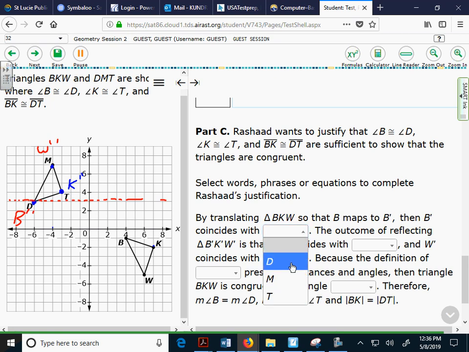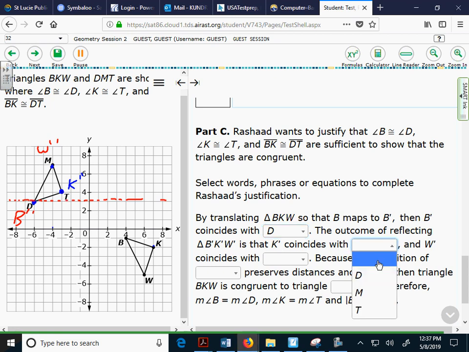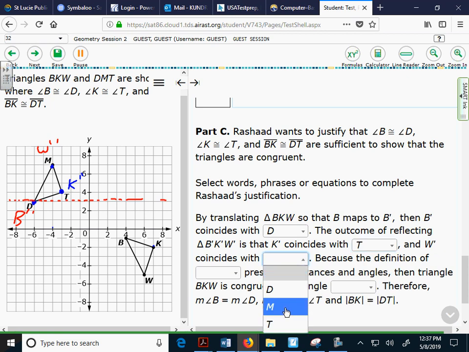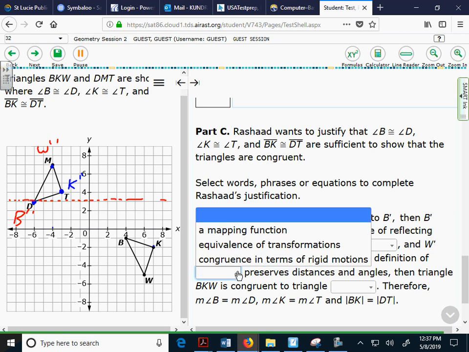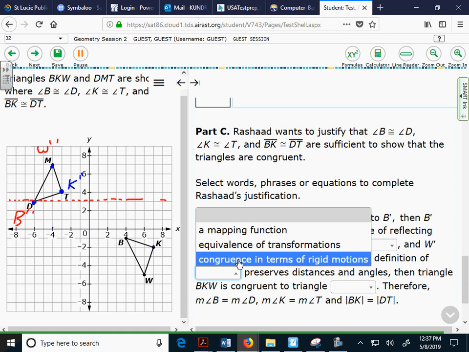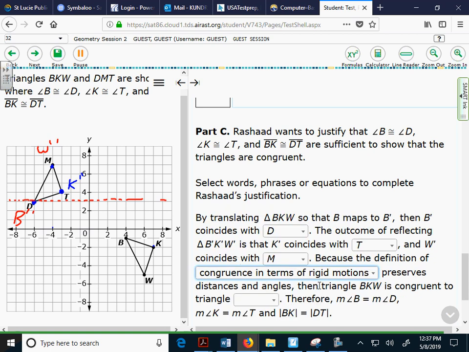So I'm going to write D. The outcome of reflecting the new guy is that K prime coincides with T. And W prime coincides with M. Because the definition of, very good, congruence in terms of rigid motions preserves distances and angles, then triangle BKW is congruent to triangle.